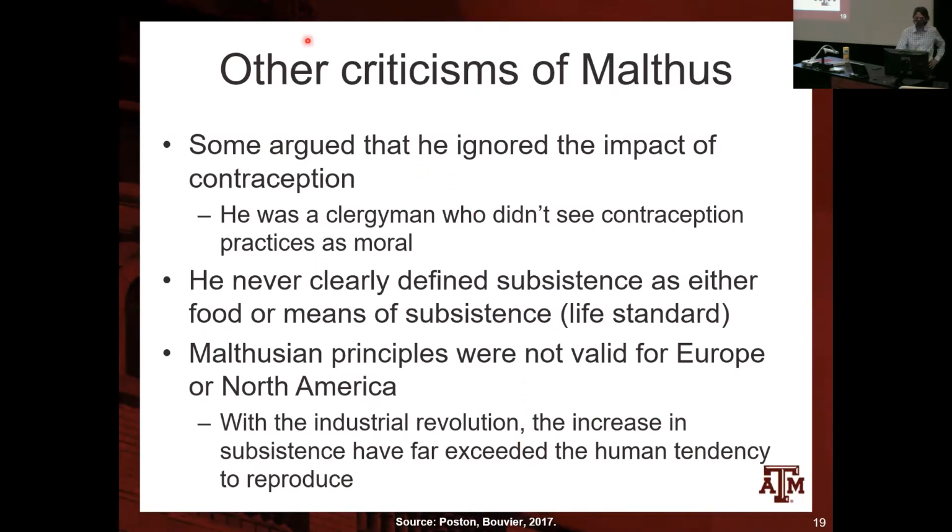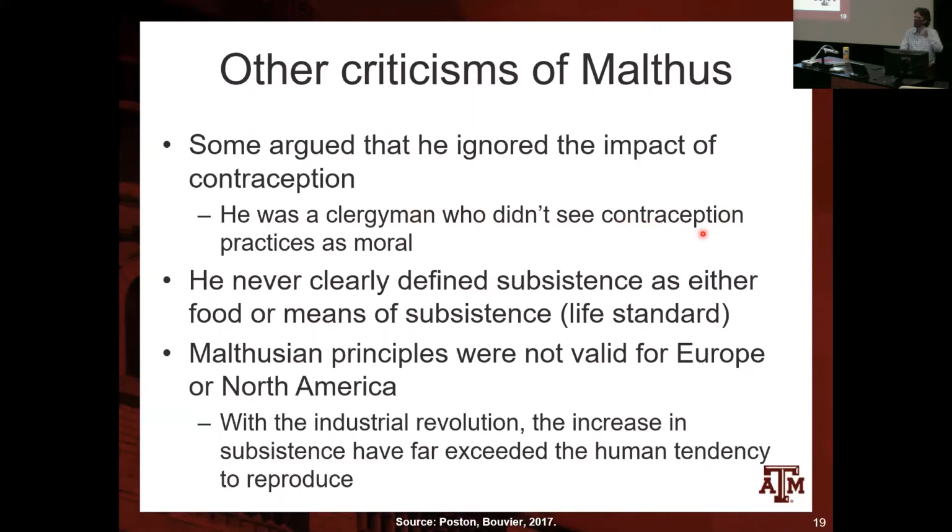And some argue that he ignored the impact of contraception, so that's related to the previous point. Malthus was a clergyman, a religious person, and religion was an important thing in his life. And he didn't see contraception as being moral, right? He didn't see contraception as an acceptable way for people to control the size of the population.